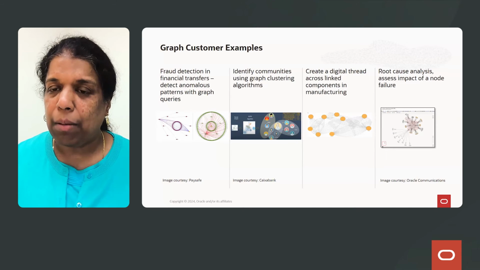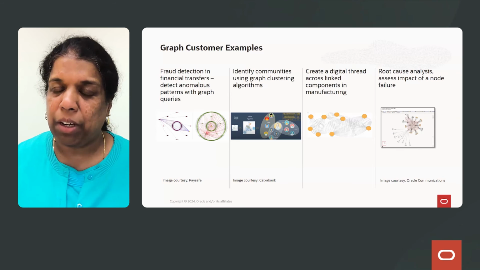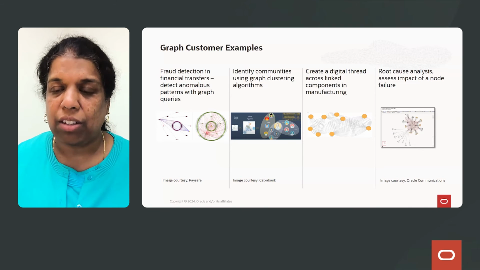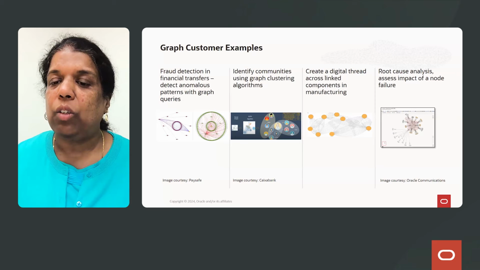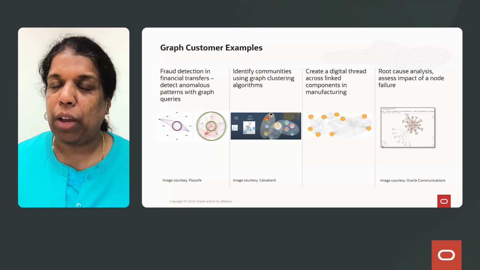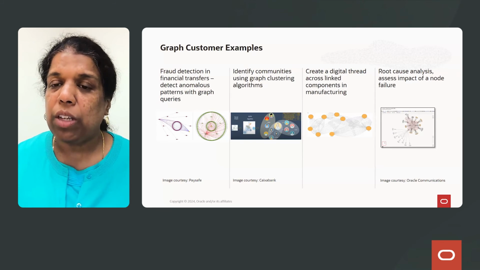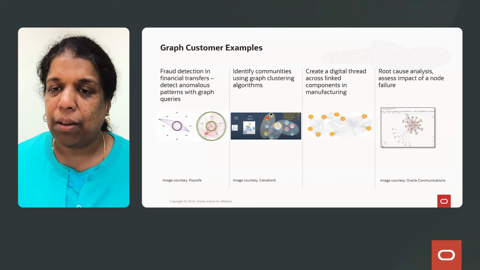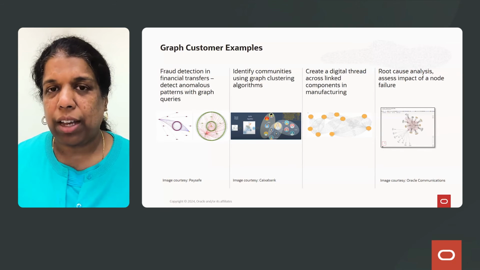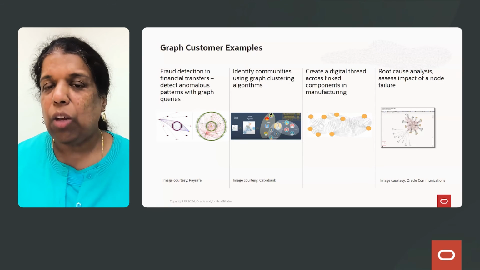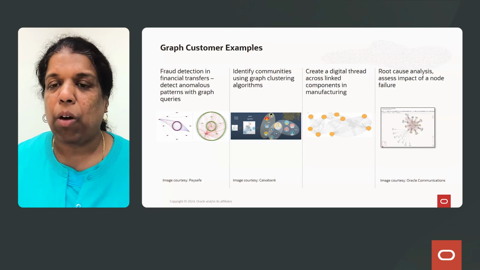And the last example is from telecommunications, about how they use graphs to model communications networks and to do things like: what happens when there's a failure, what are the repercussions, and then root cause analysis. If you're using graphs to represent resources in, let's say, a cloud data center, and one resource has a failure, it's going to propagate to everything that it's connected to, and you might get service requests from all of them.